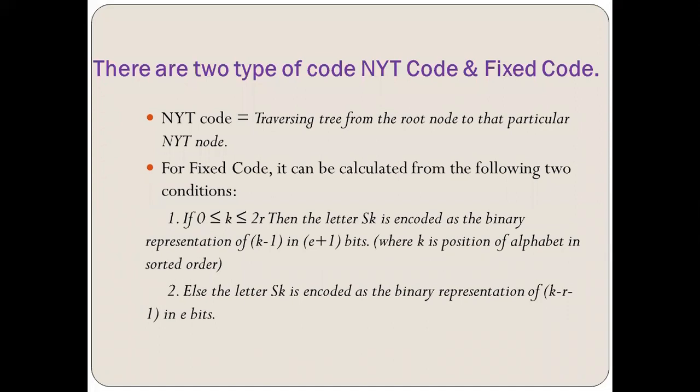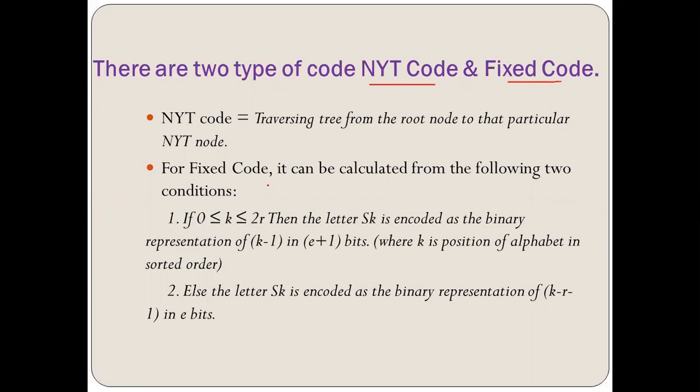The next thing is that we have two types of nodes in this particular tree. In adaptive Huffman coding, the tree which is being updated in the starting has two types of nodes. One is the NYT code and the other is called the fixed code.